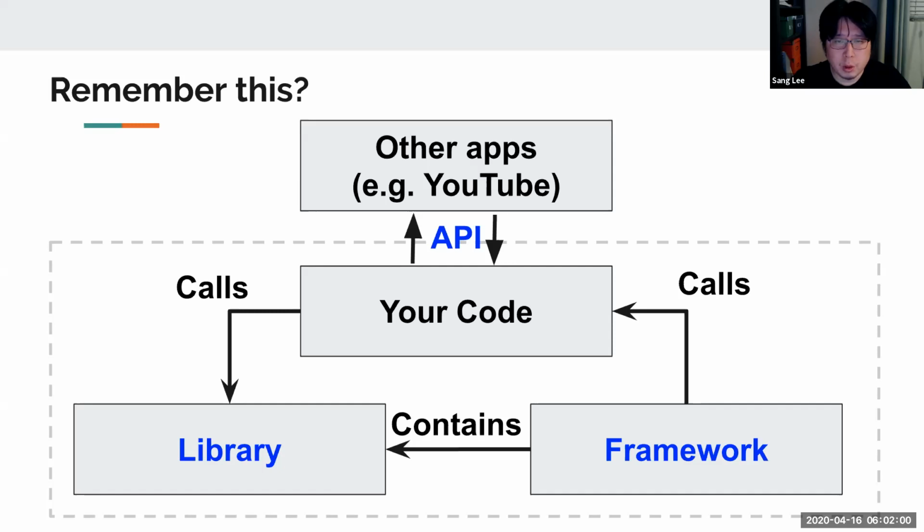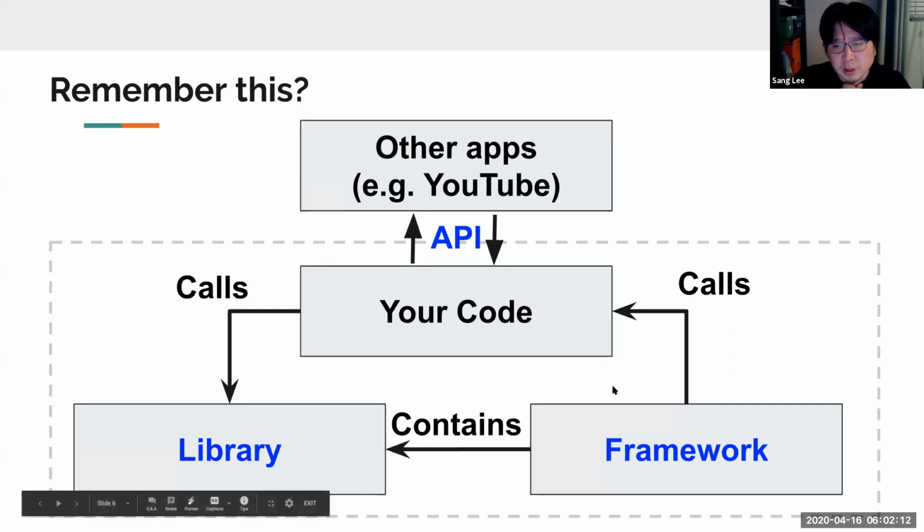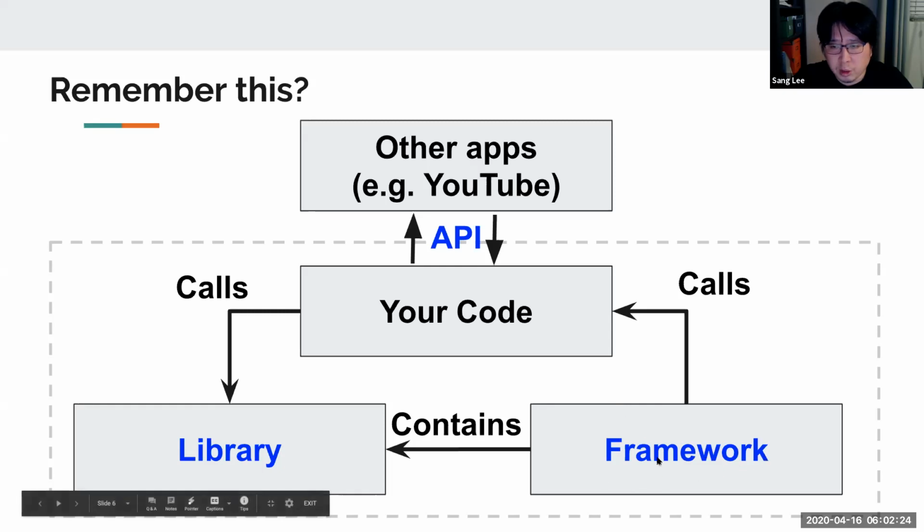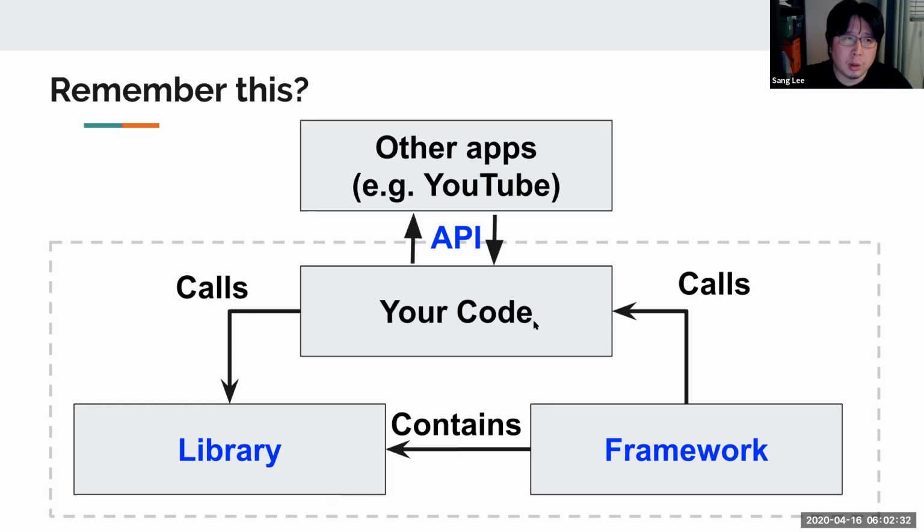It's communicating with other services, other products, other web applications to retrieve data, for example. And a framework is something like a platform where your code can reside, and it's completely going to change the architecture of your code, because now the framework is going to call your code, and you would have to follow the architecture and structure of the framework.